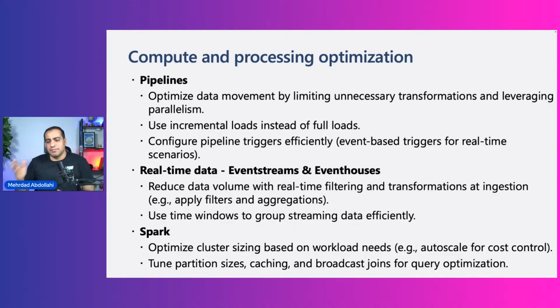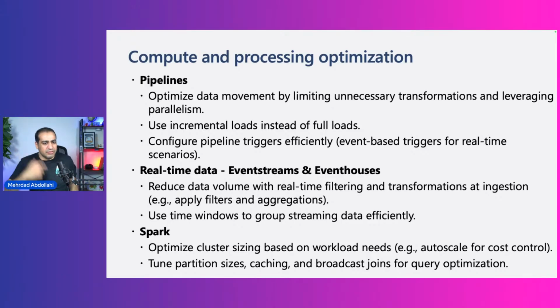If, for example, the business and your clients are only interested in seeing the data at the end of the month, why should we load the data every week? Or can we aggregate our data in the source and then load it to Fabric?